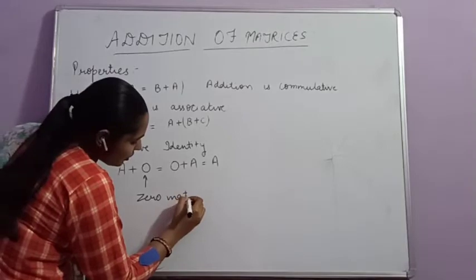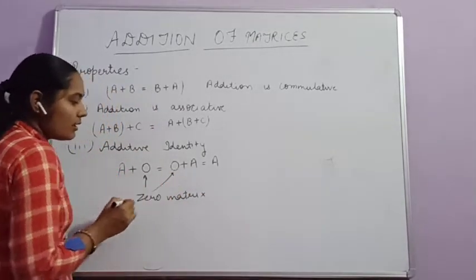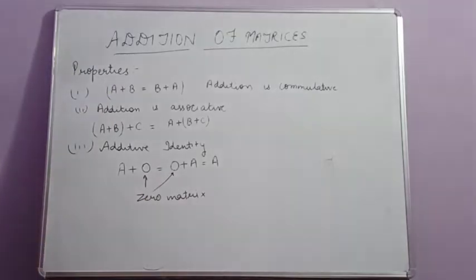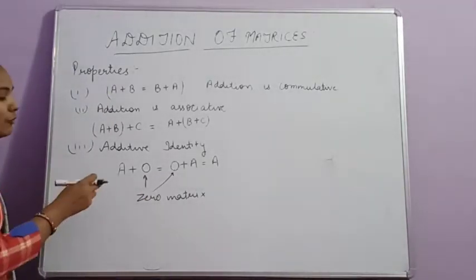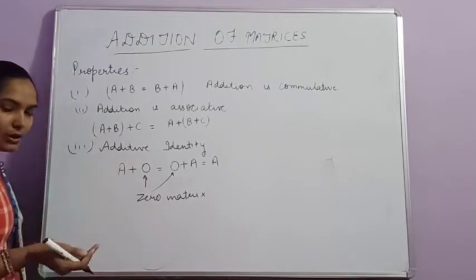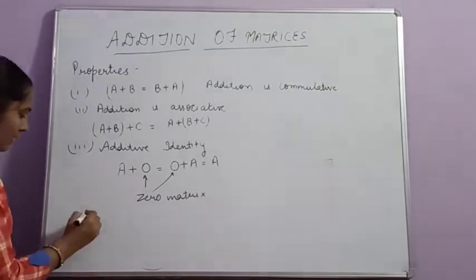Not only 0 but a 0 matrix of the same order as A. Clear? If the order of A is 2 cross 2, then the order of O will be 2 into 2.